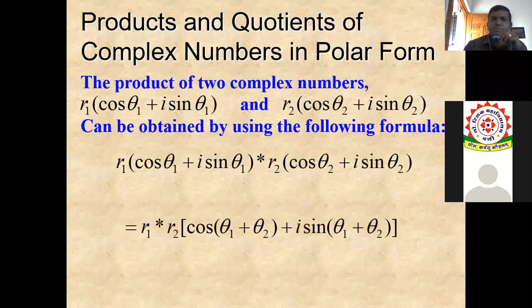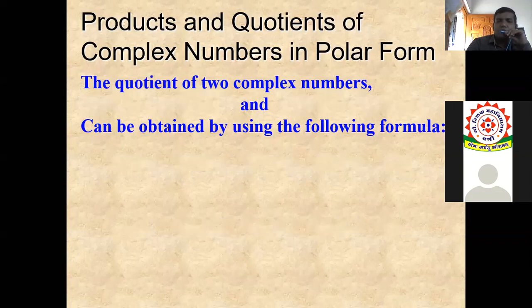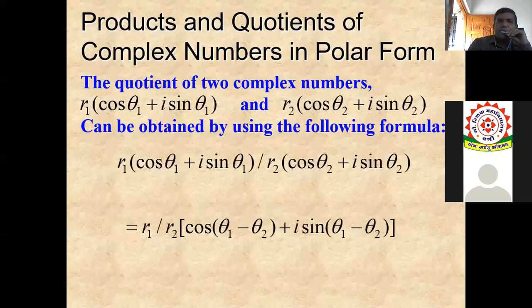Product: r1 r2 times the expansion, and if you simplify and multiply, you will get this result: r1 into r2 (cos(theta 1 plus theta 2) plus i sin(theta 1 plus theta 2)). And division: r1 upon r2 (cos(theta 1 minus theta 2) plus i sin(theta 1 minus theta 2)).